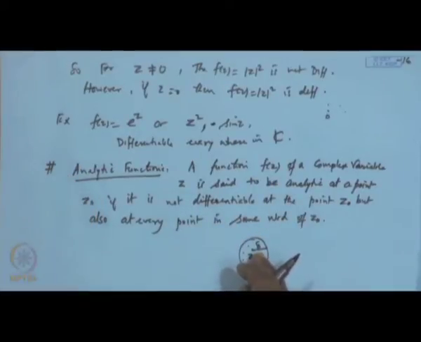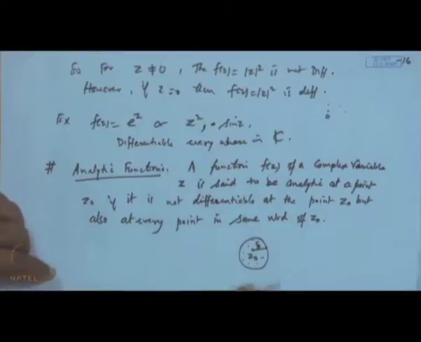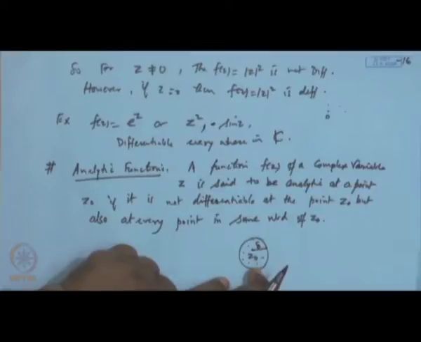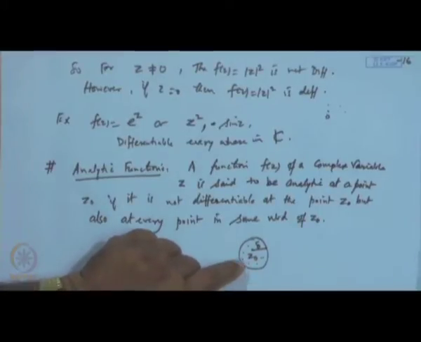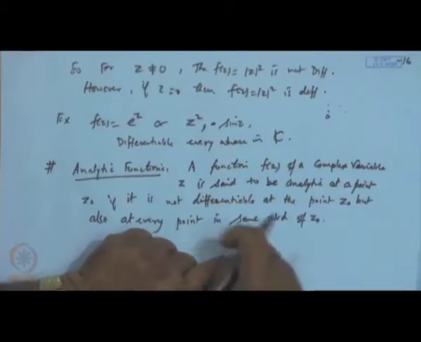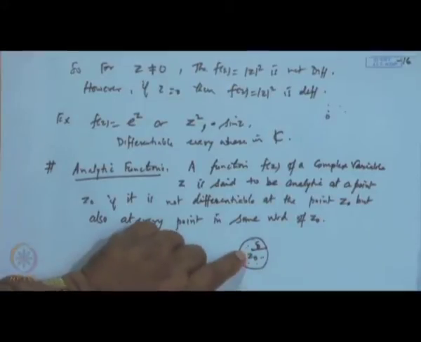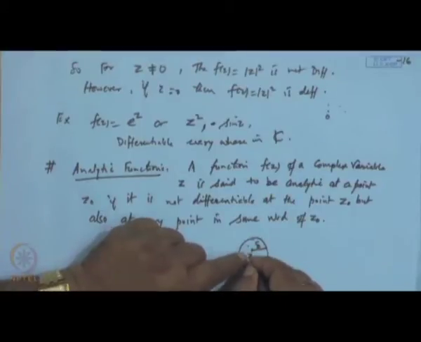That is why there is a difference between differentiability and analyticity. When we say the function is differentiable at a point z naught, we are not bothering much whether the function is differentiable at other points or not, simply continuity is important. But when we go for the analyticity of the function at a point z naught, then we do care about the differentiability of the function in the surrounding points of z naught, that is in some neighborhood of z naught, the function must also be differentiable at each point, including the point z naught itself.